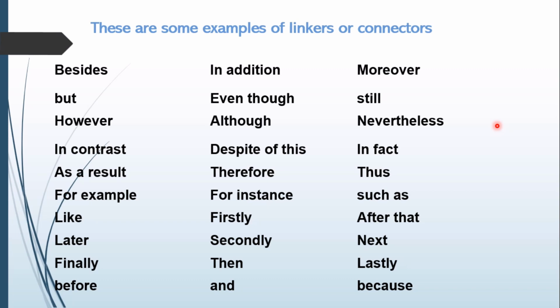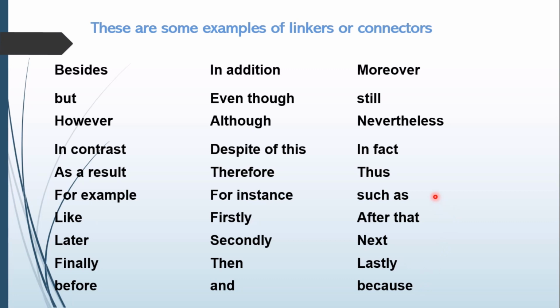We have besides, but, however, in contrast, as a result, for example, like, later, finally, before, in addition, even though, although, despite of this, therefore, for instance, firstly, secondly, then, and, moreover, still, nevertheless, in fact, thus, such as, after that, next, lastly, and because.